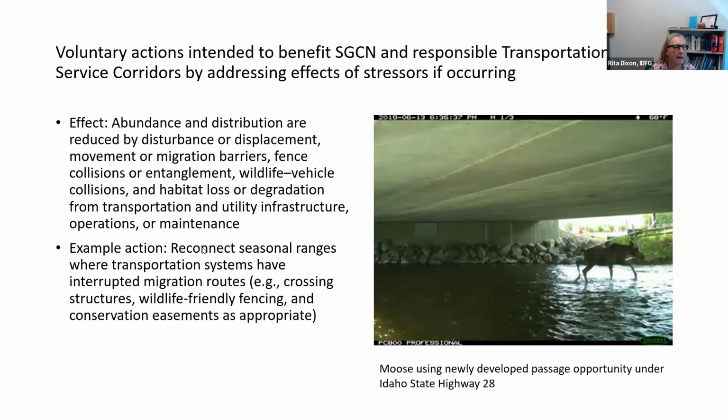One of our actions in our latest revision of the State Wildlife Action Plan to address this problem is we need to reconnect seasonal ranges where transportation systems have interrupted migration routes. For example, by building crossing structures, wildlife-friendly fencing, and conservation easements as appropriate to increase the connectivity for wildlife movement.